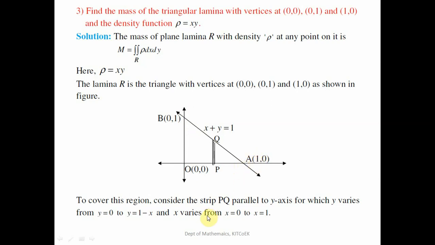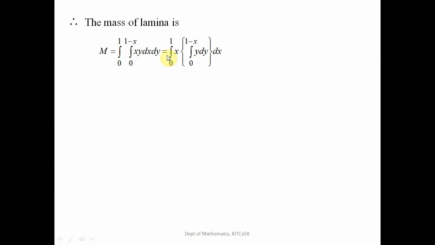Hence the limits for x are 0 to 1. As the limits are known, by substituting the limits as well as the value of rho in this integral, we get the total mass of that lamina given by the double integral, integration 0 to 1, 0 to 1 minus x, xy dy dx. We will try to evaluate this double integral step by step.